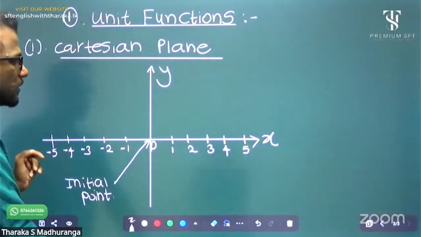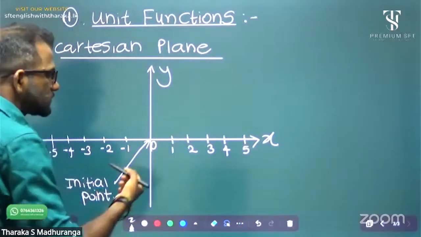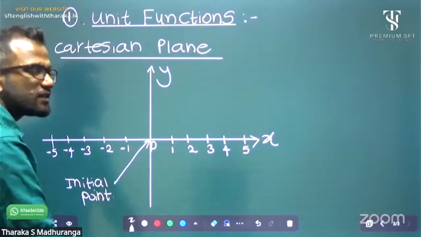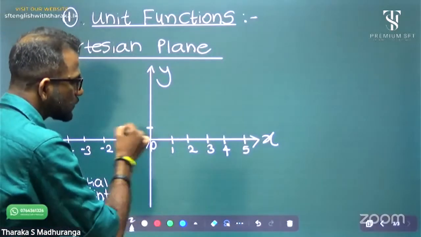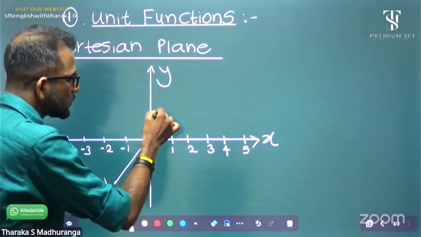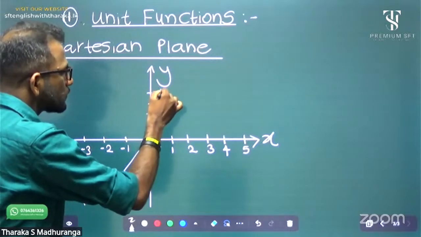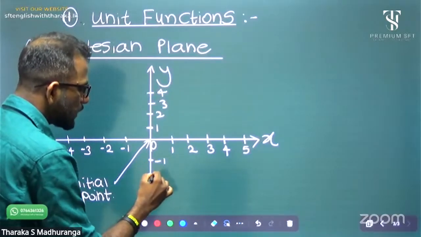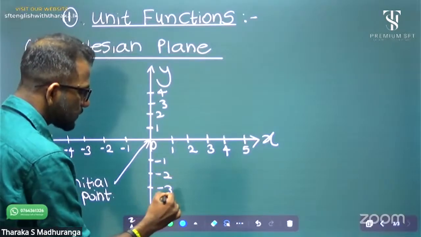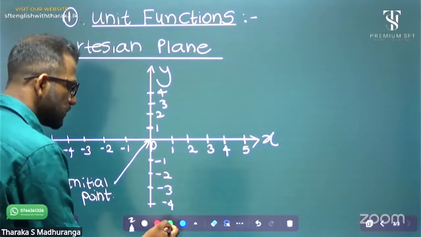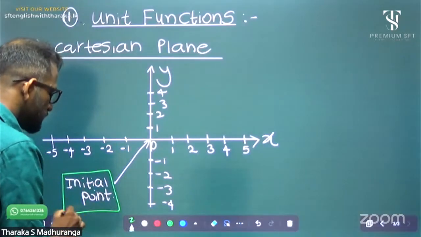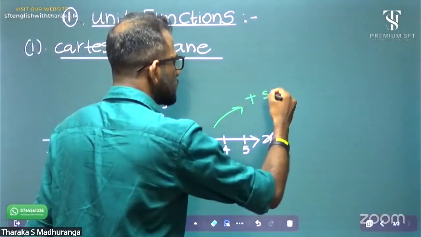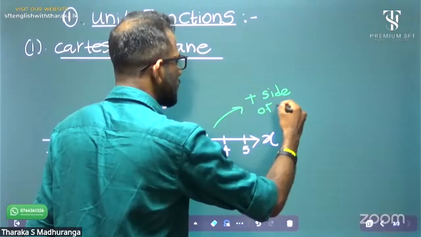I have drawn part of the Cartesian plane here. In the same way, the vertical line is the y-axis, and this is the positive side of the y-axis: 1, 2, 3, 4. This is the negative side of the y-axis: -3, -4. Please name this the initial point, and name this the positive side of the x-axis.